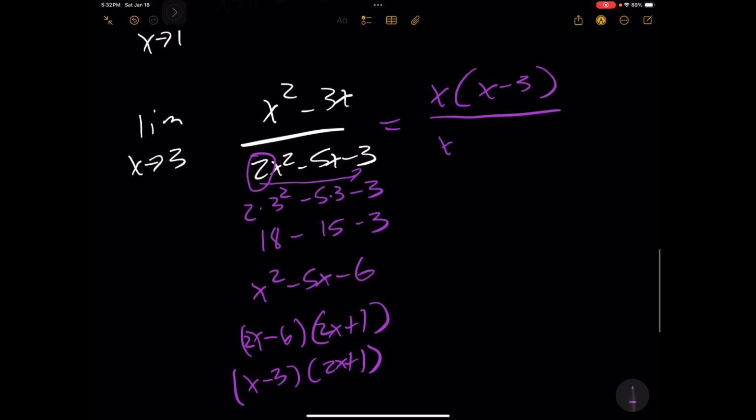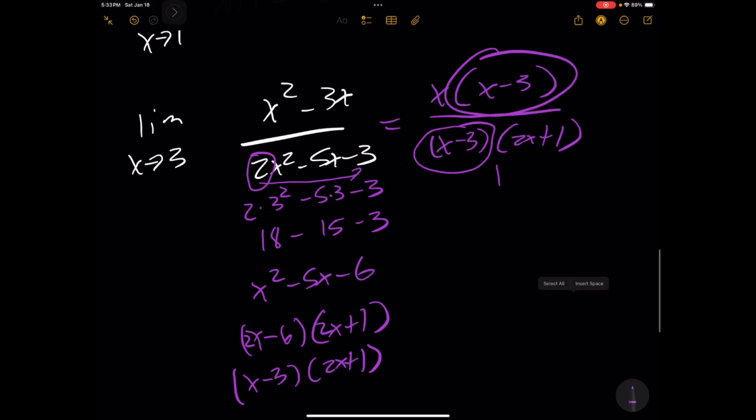On the bottom, I have x minus 3, 2x plus 1. I can cross off these x minus 3's, and what I'm left with is the limit as x approaches 3 of x over 2x plus 1. And if I plug 3 in, I get 3 over 3 times 2 is 6, plus 1 is 7. We end up with 3/7.